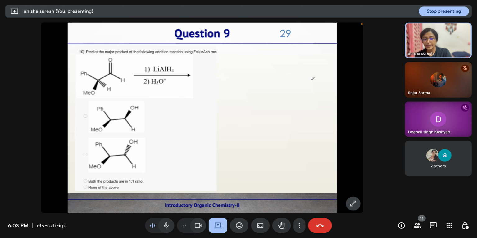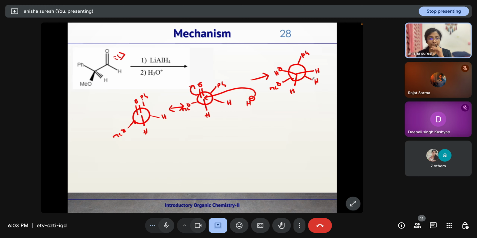Ph and hydrogen are coming in the plane. Okay, so how we have to look at it?